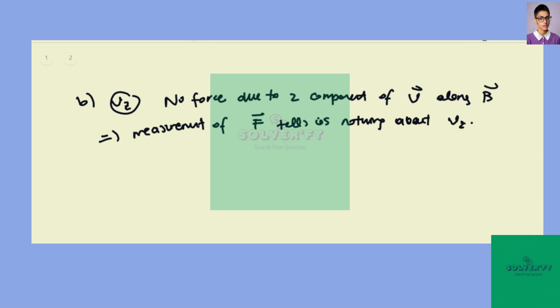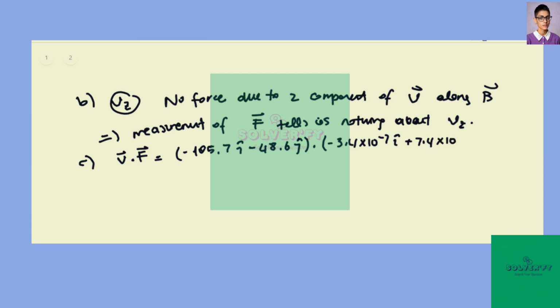So in part C, we are to calculate the v dot product F. So if we just copy our velocity vector, negative 105.7 i hat minus 48.6 j hat, dot product with negative 3.4 times 10 to the power of negative 7 i hat plus 7.4 times 10 to the power of negative 7 j hat.